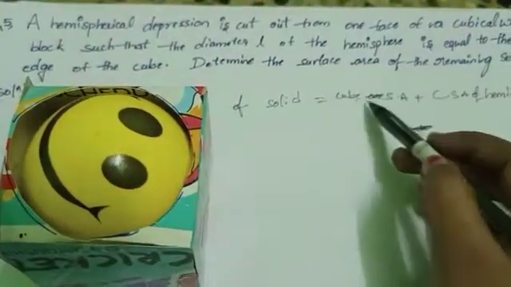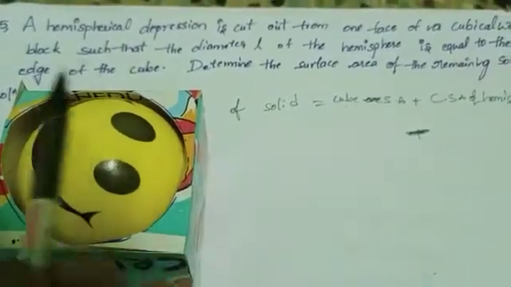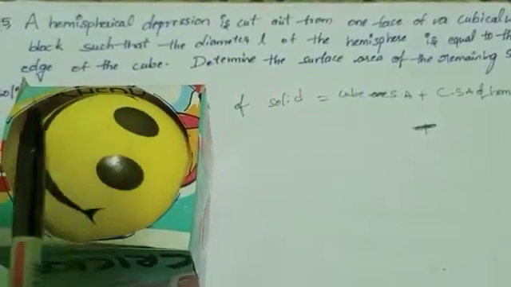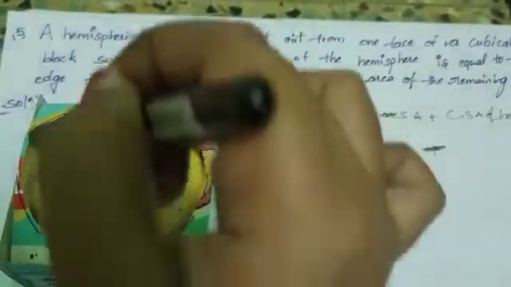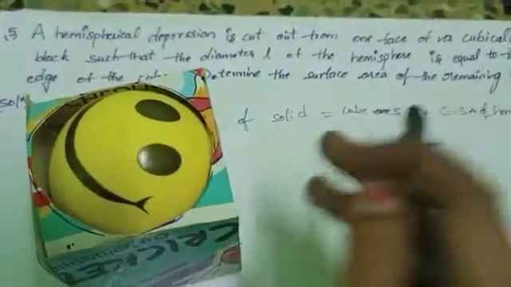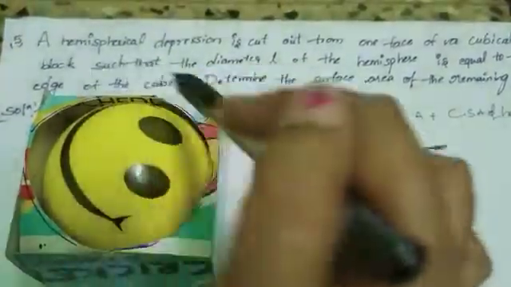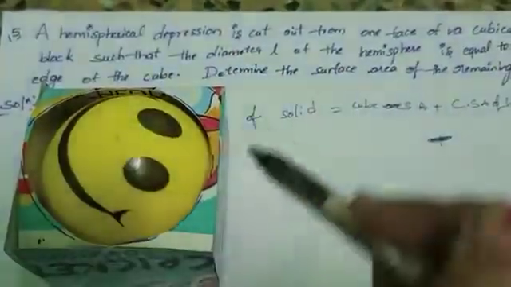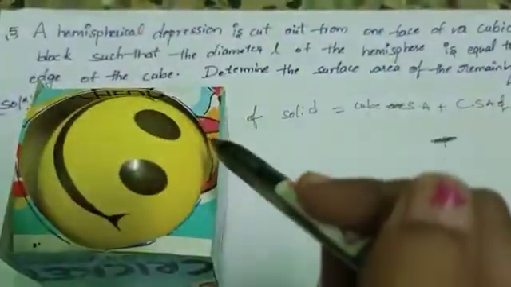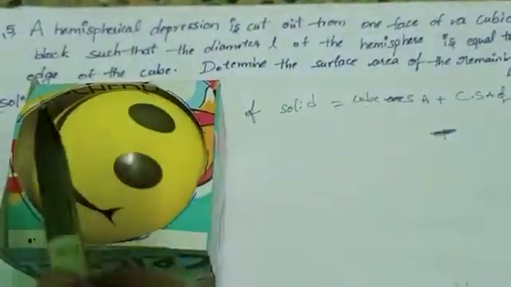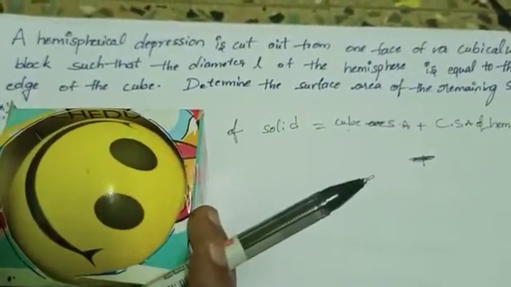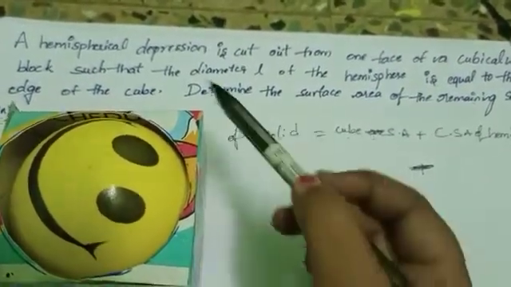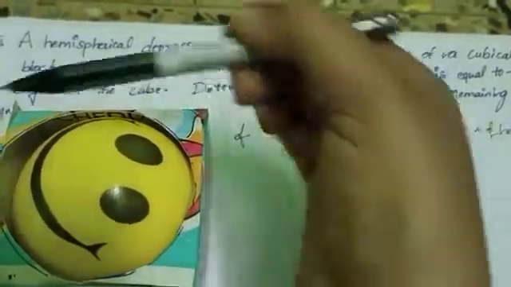So the top surface area is already included, but we don't want this region. This is the cutting region, the cutting portion, not included in the top surface of the cube. Only the curved region of the hemisphere, the 5 sides and the small portions are included.